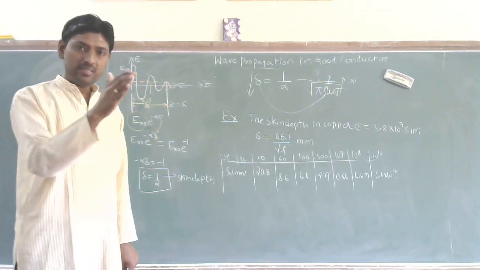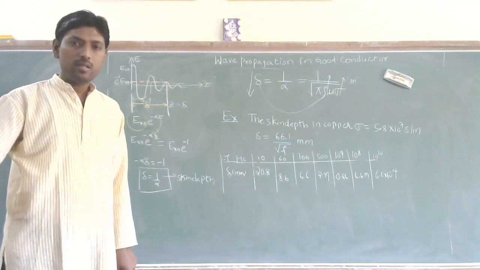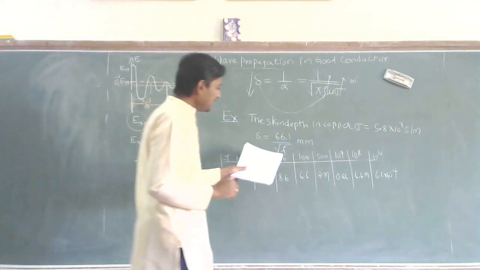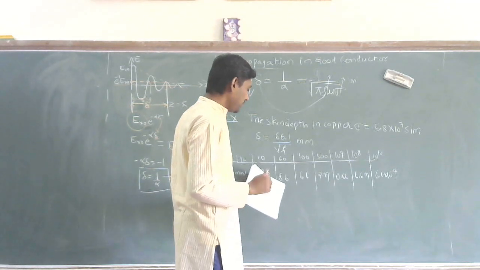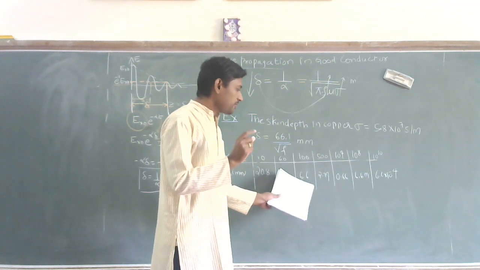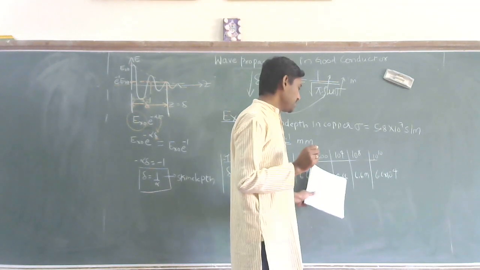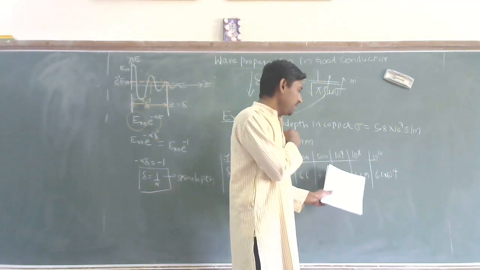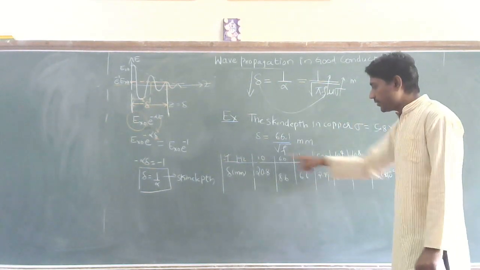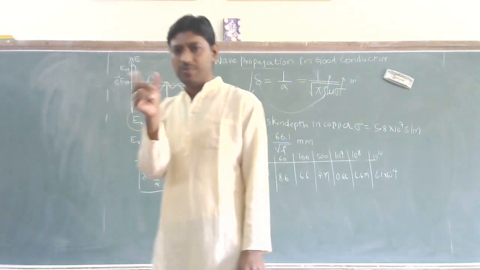Because if you go beyond this delta, you will find all the electromagnetic fields have almost gone to zero. If you increase the frequency, the depth of penetration reduces. It's 8.6 millimeters at 60 hertz, 6.6 at 100 hertz, 2.9 at 500 hertz. At 10 kilohertz, it is 0.66 millimeters. And for 100 megahertz, it is 6.6 into 10 raised to minus 4 millimeters, which is like a micron, a very small distance.